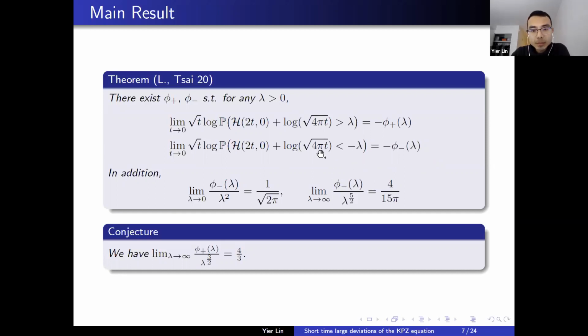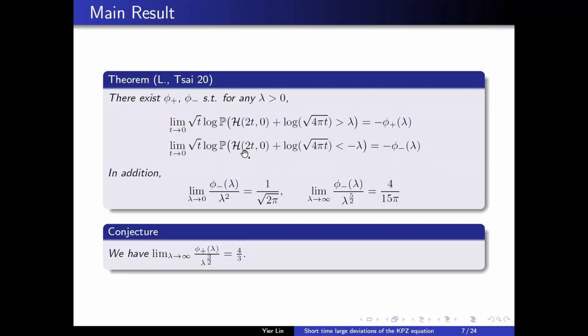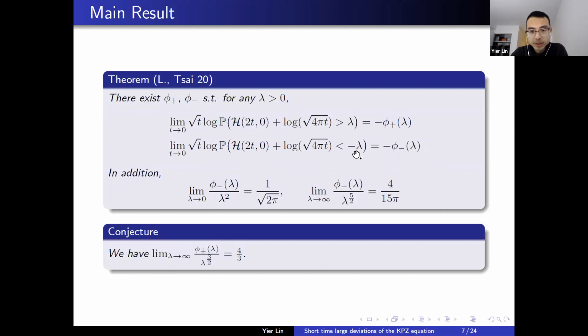Yeah. Basically, if you take t goes to 0, this h plus logarithm itself will just go to 0. So if you take lambda to be negative, then this probability, for example the lower tail probability, will just go to 1, because the typical value of h plus logarithm is 0. Is that the question you asked?